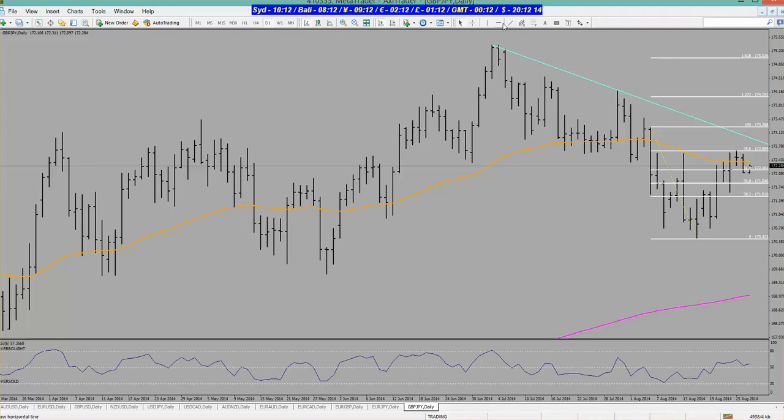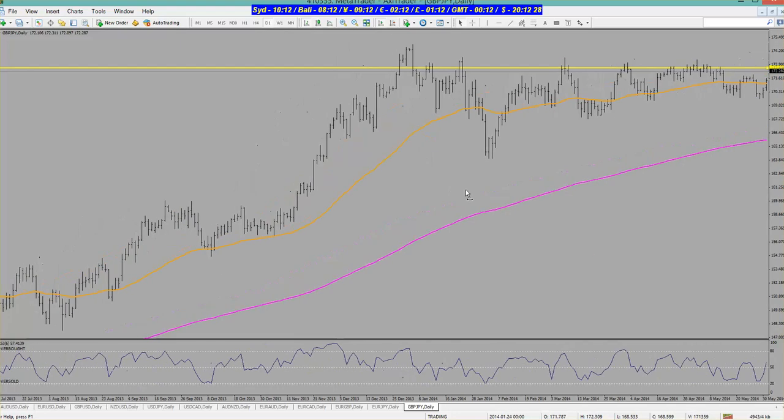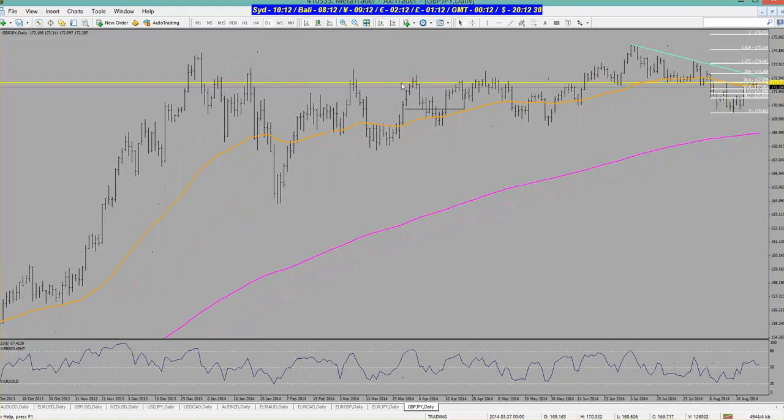Just horizontally going across here somewhere. It's not precise, but it's thereabouts. There's certainly bigger resistance up here. I'd look at that like that.